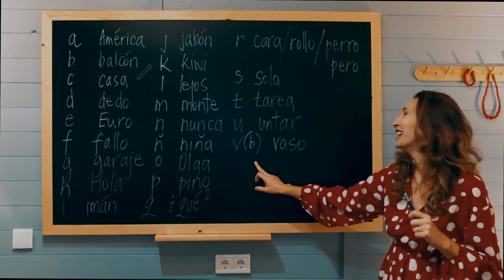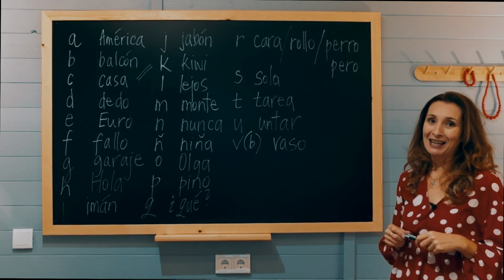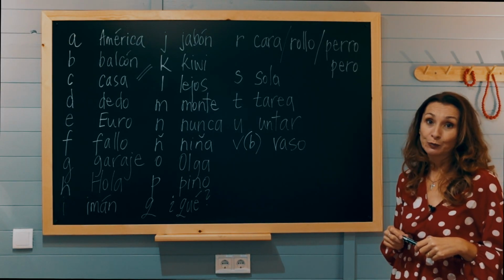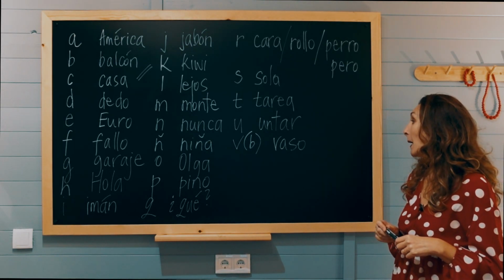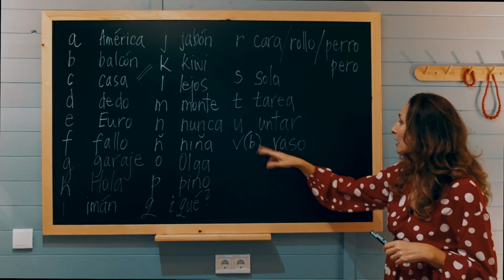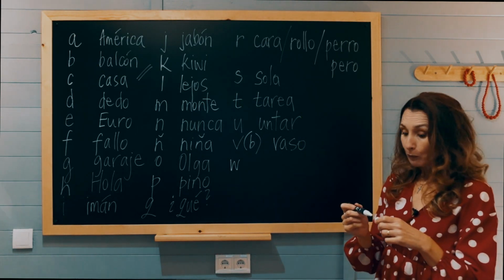You have to know that it's written with a V, but it sounds just like a B. Vaso, un vaso, a glass, okay?